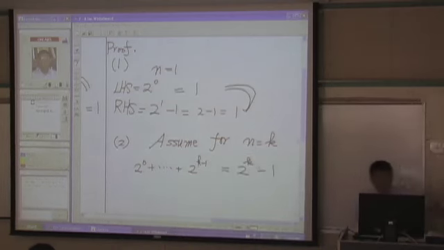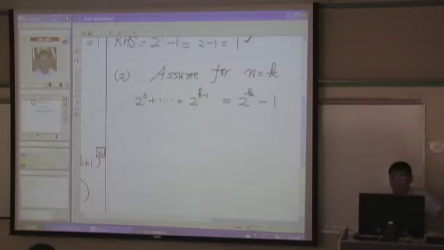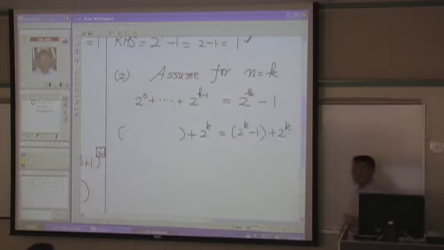Then we can add 2 to the power of k to both sides. Do you follow me?